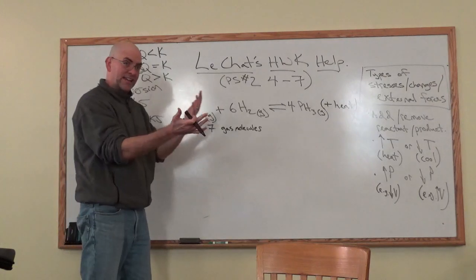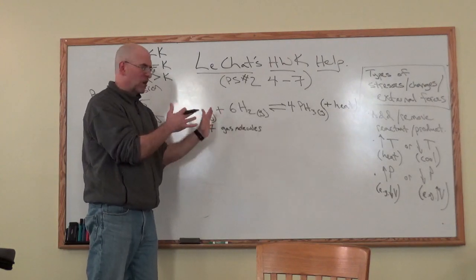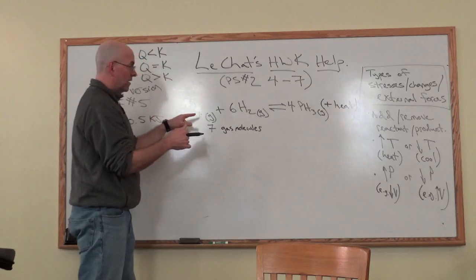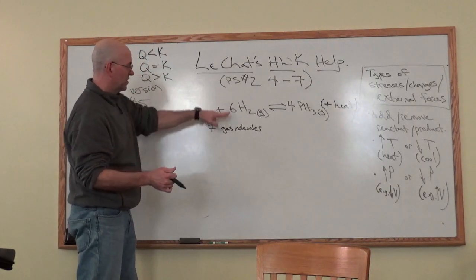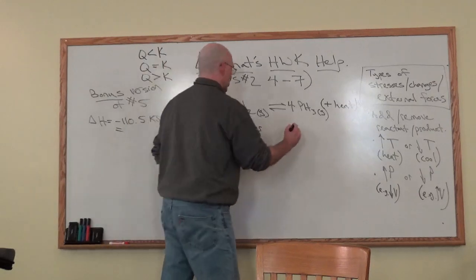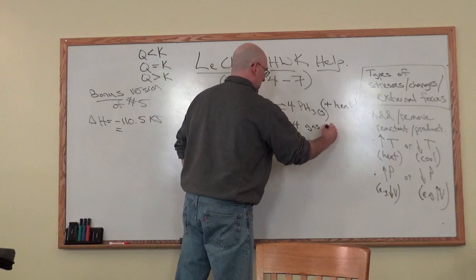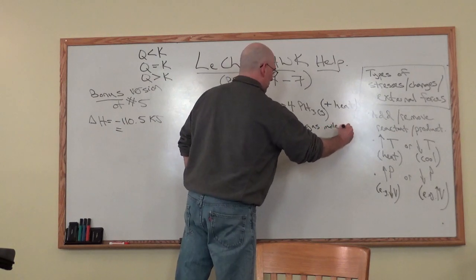Remember how we had to add up the moles of gas in that last problem? We're not going to do that here. This is qualitative. It actually makes a lot of sense. So 1 molecule plus 6, you have 7 gas molecules turning into 4 gas molecules.